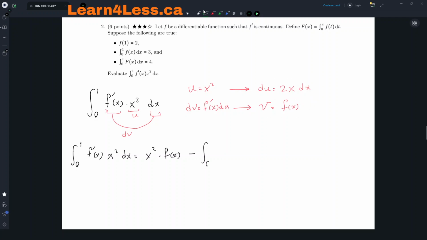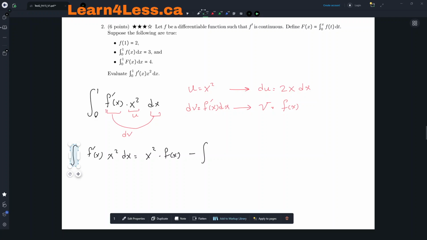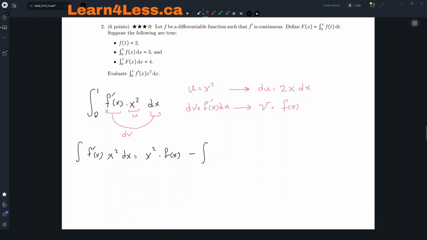This integral is also from 0 to 1, but for now let me totally ignore the bounds. Just take the antiderivative, and later on we focus on plugging in the upper bound and the lower bound. So it's the integral of v du, which is f of x times 2x dx. This part is already integrated, so it's okay.